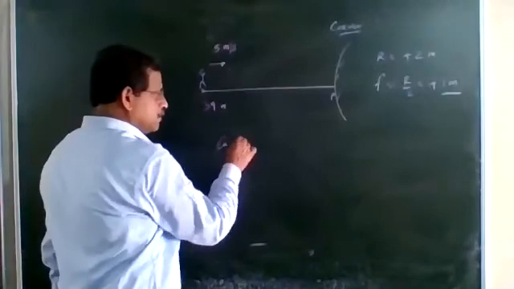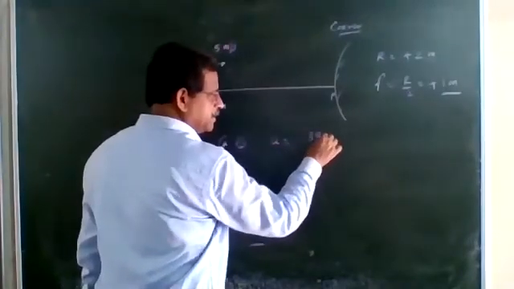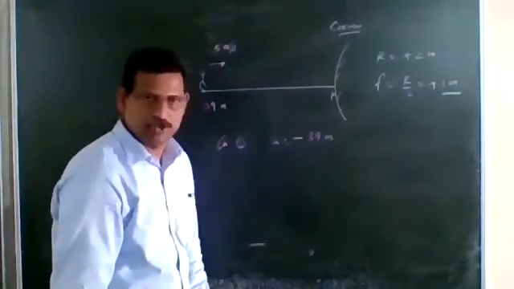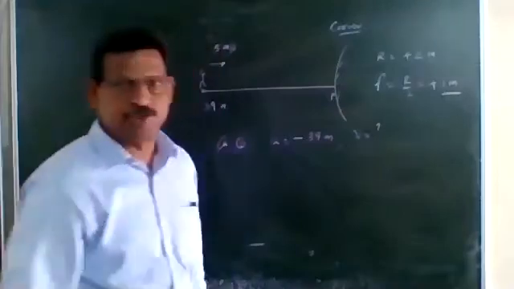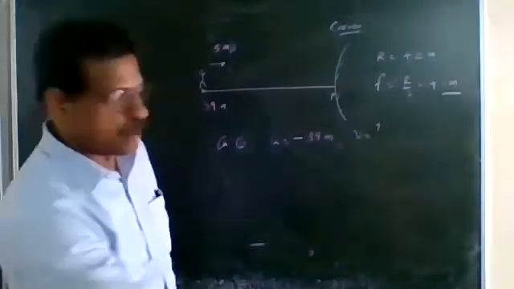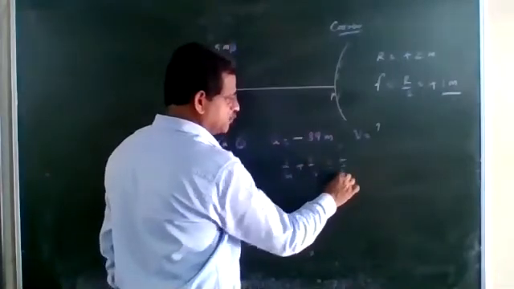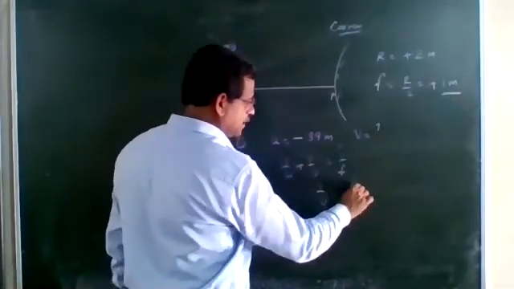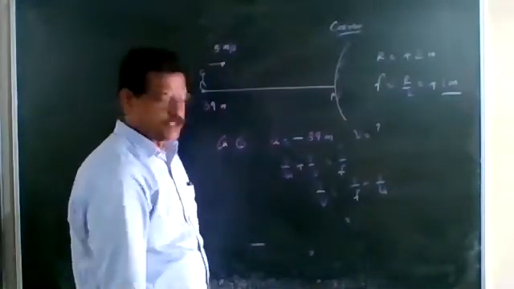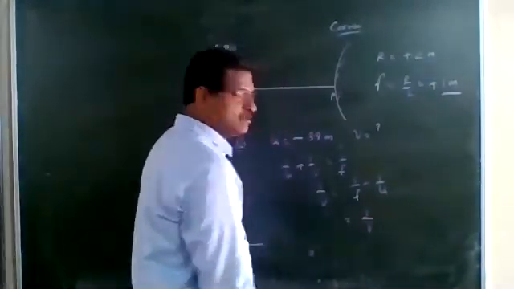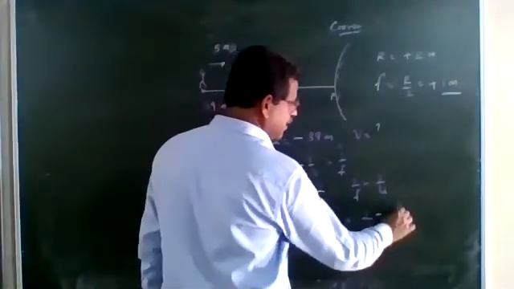Case 1: object at 39 meters, so u is equal to minus 39, the minus sign you have to put. And what will be the value of v, the position of the image? 1 by u plus 1 by v is equal to 1 by f. So 1 by v is equal to 1 by f minus 1 by u, which is equal to 1 upon 1 meter minus 1 upon u.